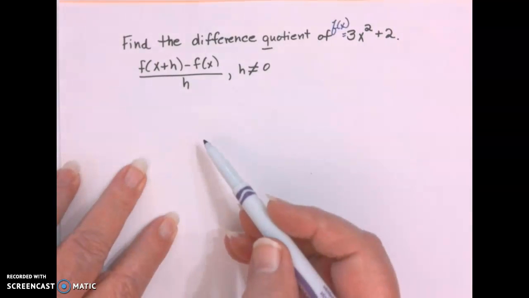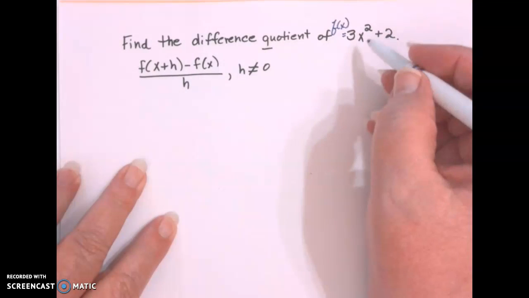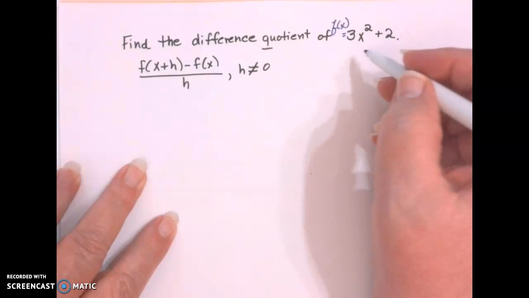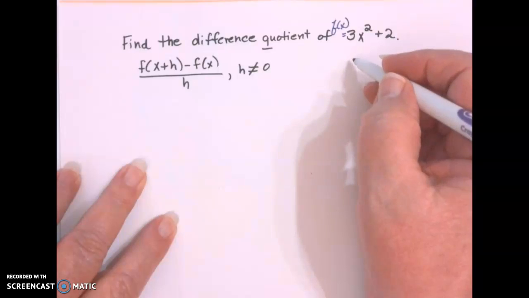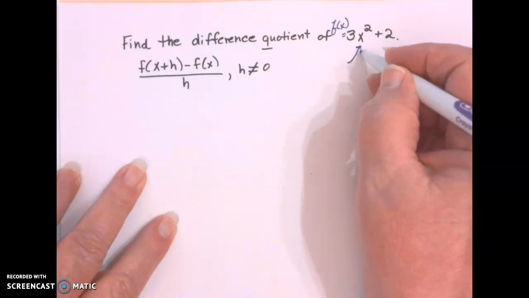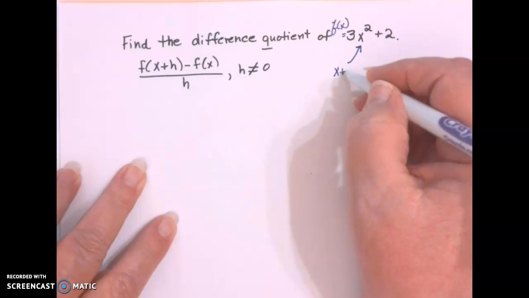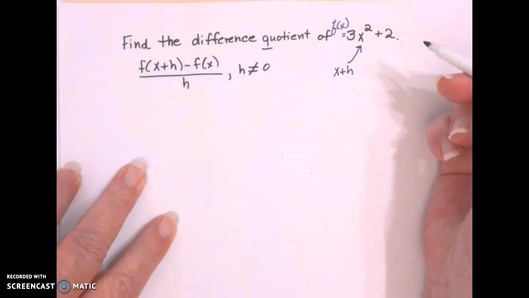So what we're going to do is find f of x plus h by substituting x plus h for x. That's the first part.